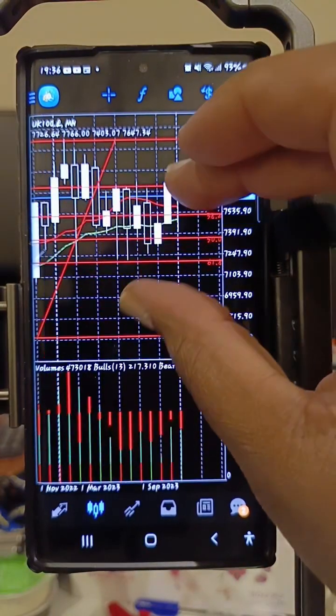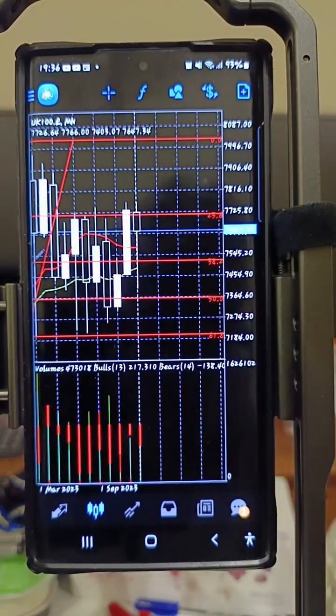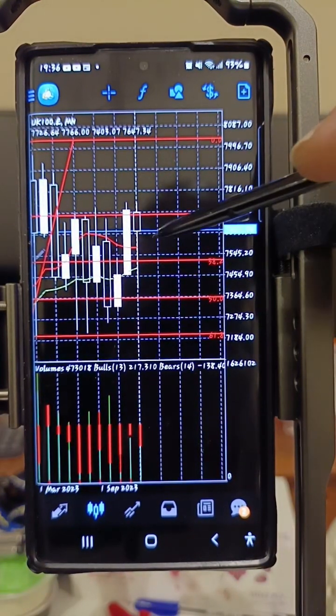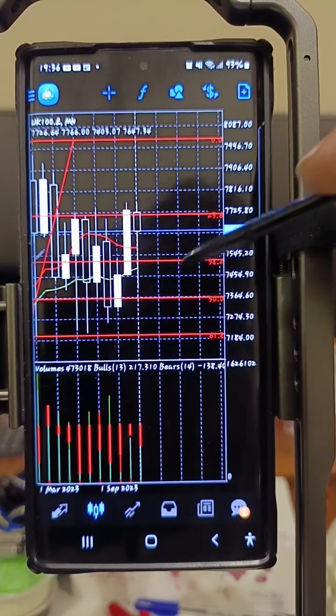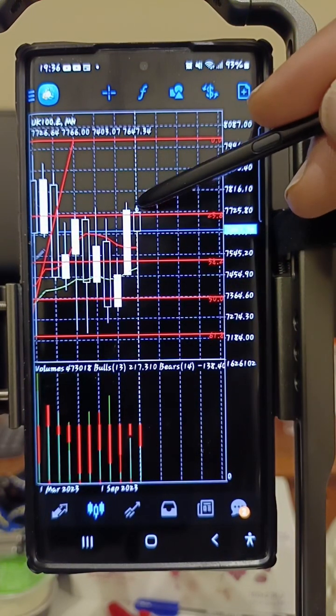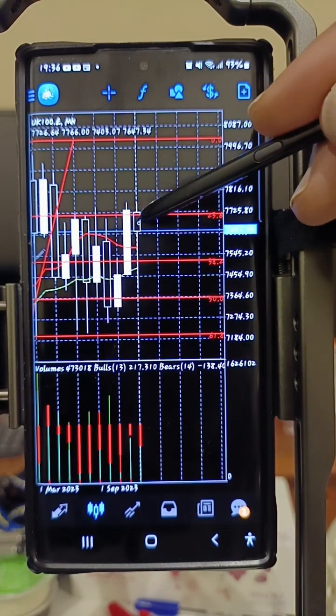if I take the fib and draw it from the low point, you can see here it's a massive selling off. So basically, buying is even, and it starts to sell off.